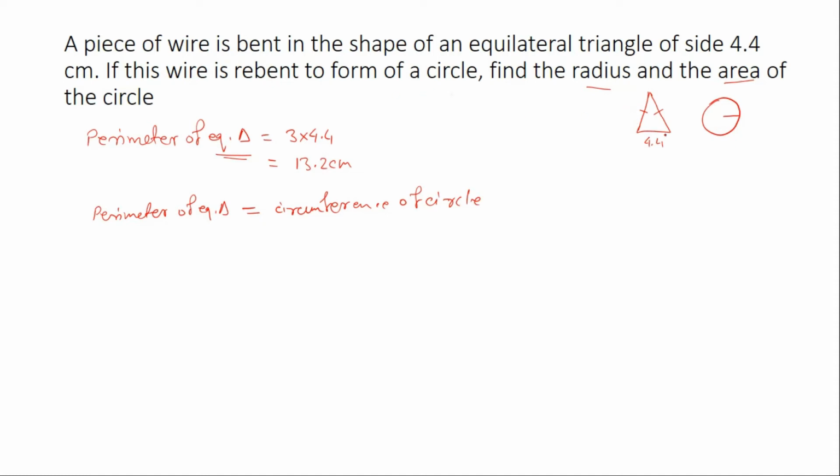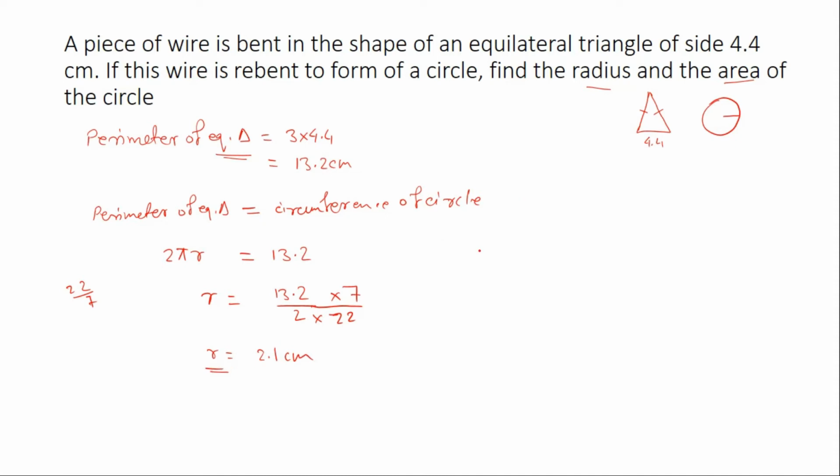Okay, so the length of this wire is the same, so we can write 2 pi r is equal to 13.2, or r is equal to 13.2 by 2. Now since we can write pi as 22 by 7, so we can write here into 7 by 22. Now if you solve it, the value of radius you will get is 2.1 centimeter. This is the radius of the circle.